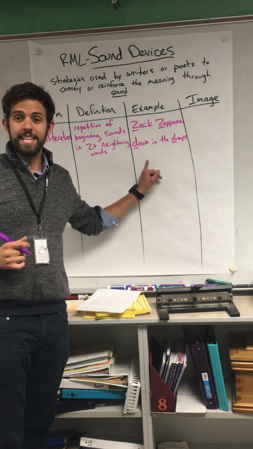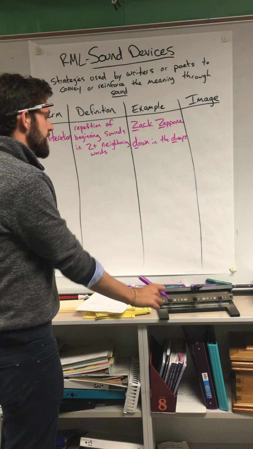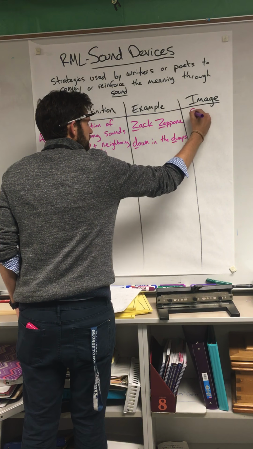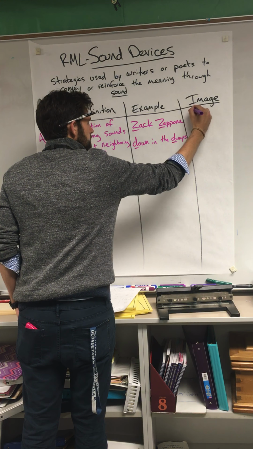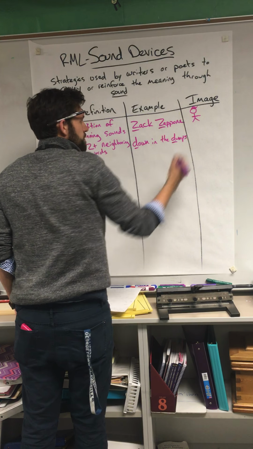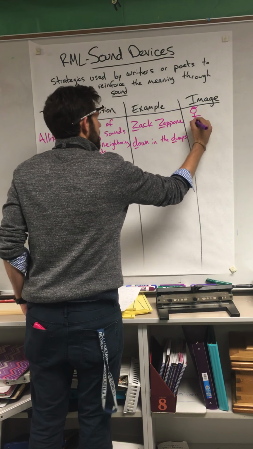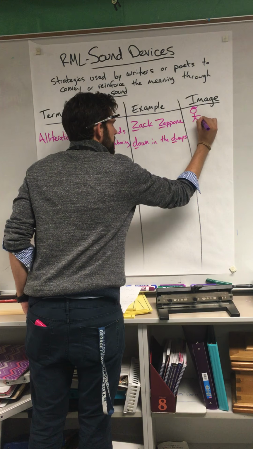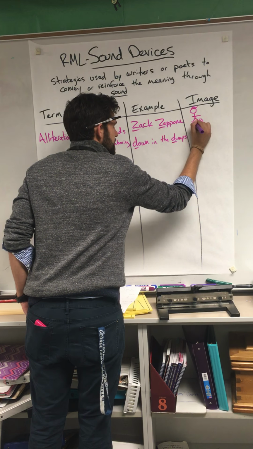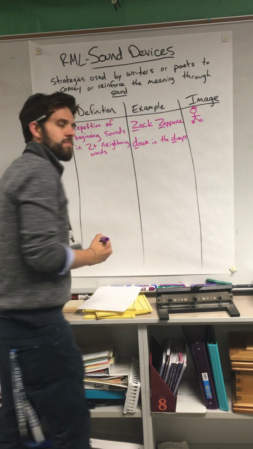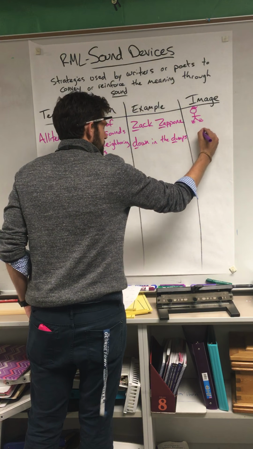Notice they don't have to be exactly next to each other, they just have to be neighboring words. So let's draw an image to help us remember. Here's a picture of me with my hair, and of course, wearing the latest Nikes. Okay, so Zach Zapone, and also down in the dumps.